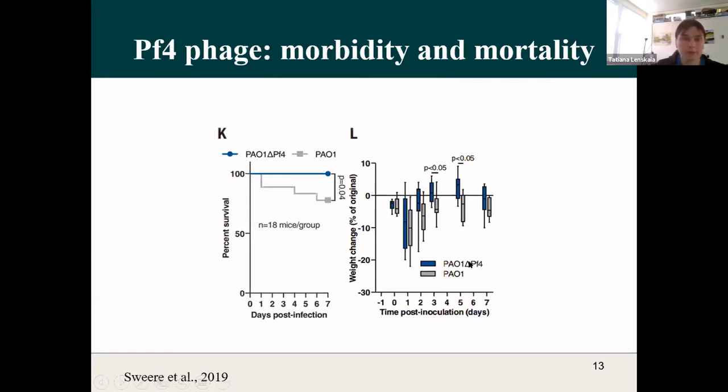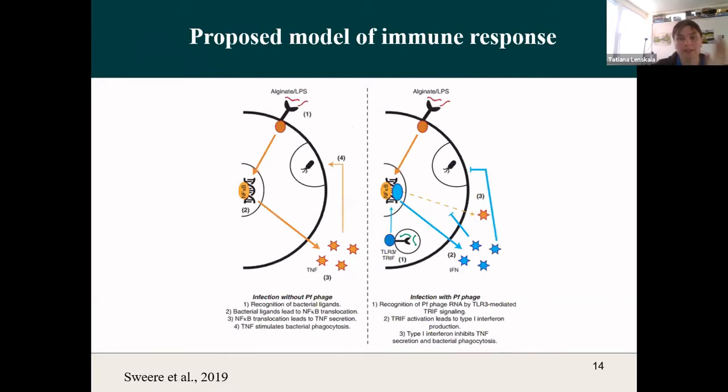So it seems that this phage definitely plays a significant role in the progression of this infection. I won't dig into the detail of how they demonstrated it, but they came up with a model. Of course I have a reference, so feel free to read more about this. I think it's really outstanding research.